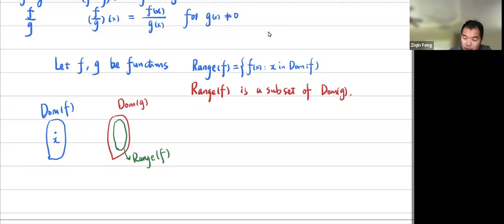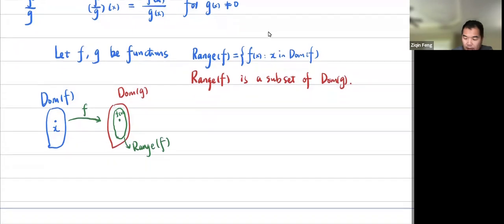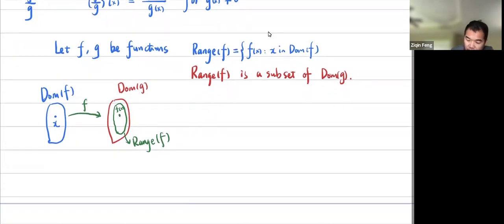What function f does is map x into its range. This point is basically f of x. And because f of x is in the domain of g, now you can apply the function g to this number.